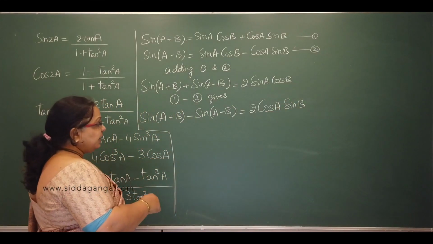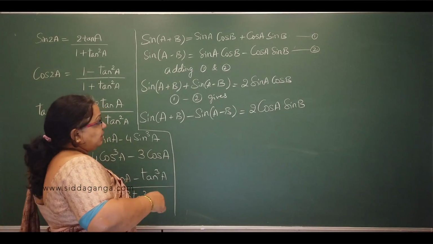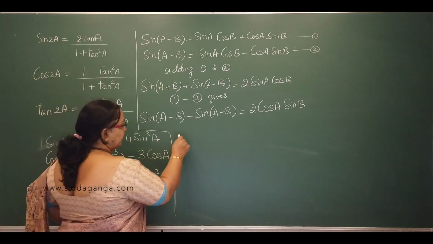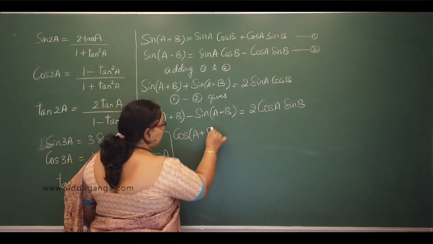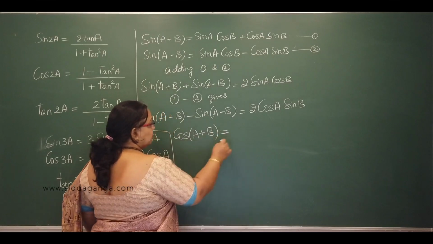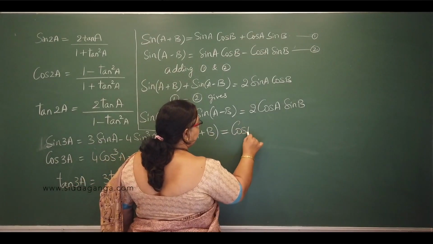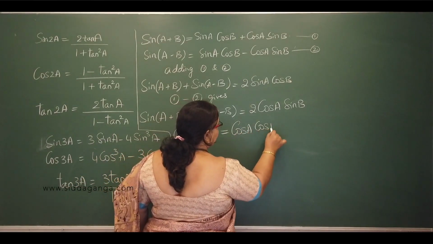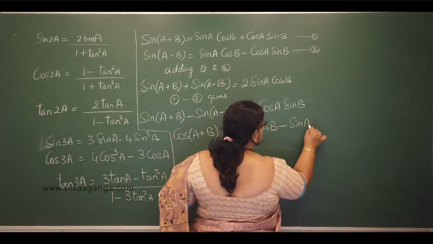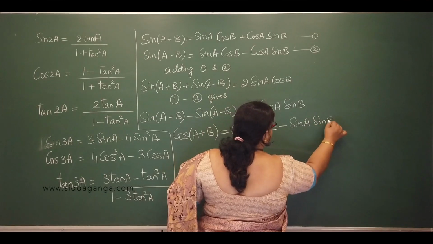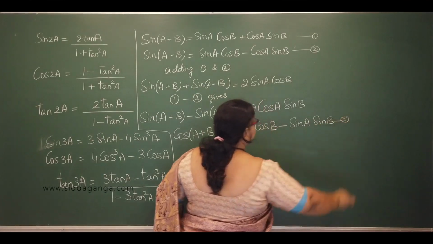Similarly, we consider the compound angle formulae cos of A plus B and cos of A minus B. Cos of A plus B is cos A cos B minus sin A sin B. Take this as equation 3.